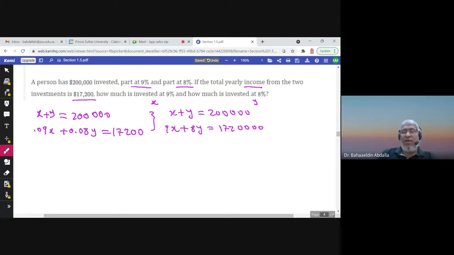Now, let me multiply the first equation by negative 9. So multiplying the first equation by negative 9, negative 9x, negative 9y would be equal to negative 9 times the 200,000.